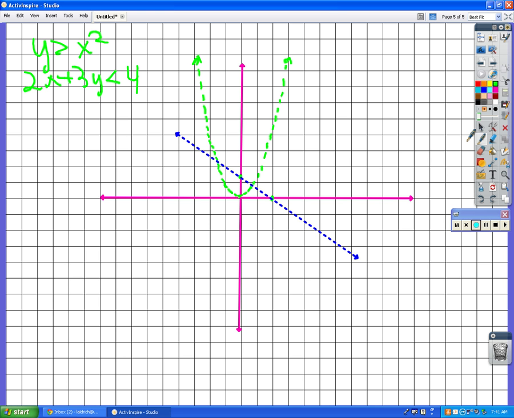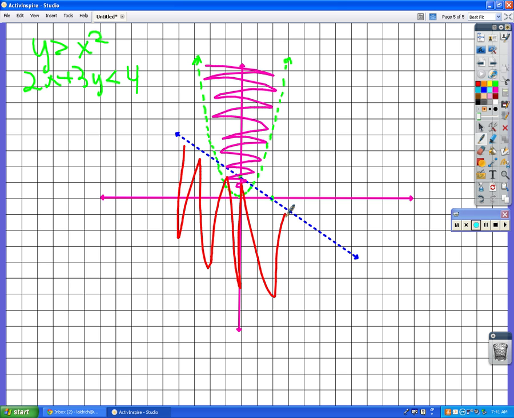Okay? All right, so this parabola was y is greater than x squared, so that would be everything above the parabola, inside the parabola. And then since this one says y is less than 4, I'd have to shade everything below the dotted line. And so my solution area would be where both of those things are shaded at the same time.